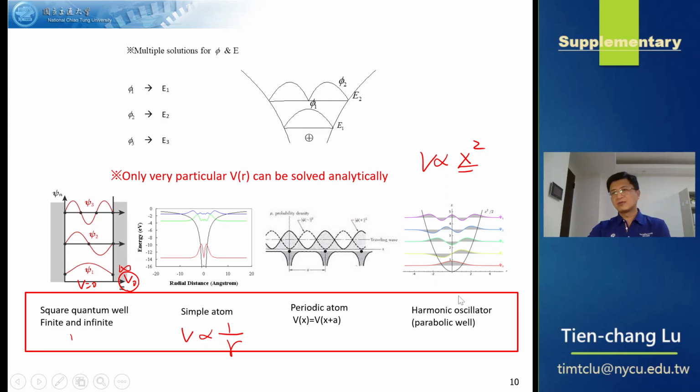It is amazing that only very few potential energies can be solved analytically. So you will probably ask, if only very limited potential energies can be solved analytically, how can we calculate the other potential energies?